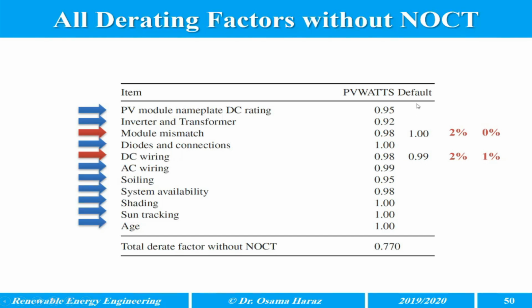Then we need to calculate the new PV Watts D rating for all of them. So we need to multiply all of them, but we have to consider the two new numbers here. So we end up with a new number, 0.798. This is including no module mismatch, and the DC wiring D rating losses becoming 1%.